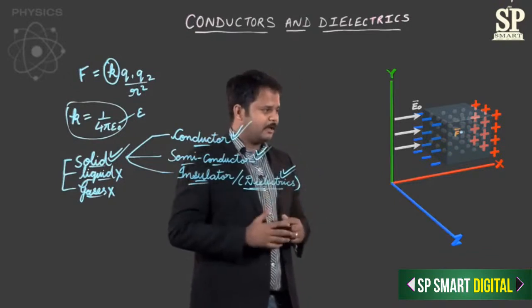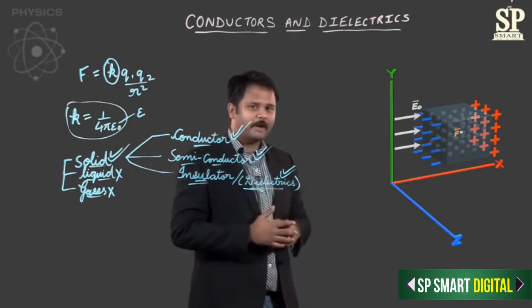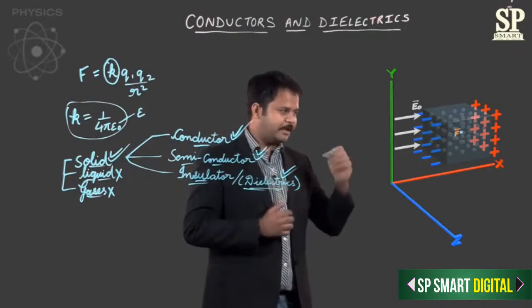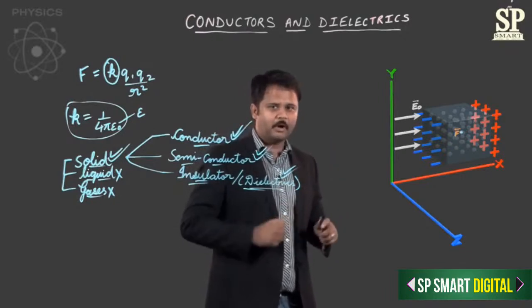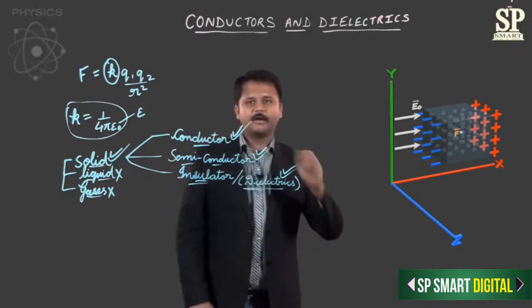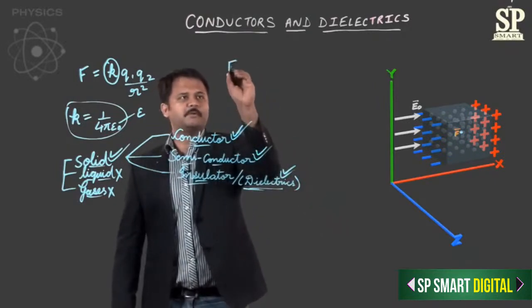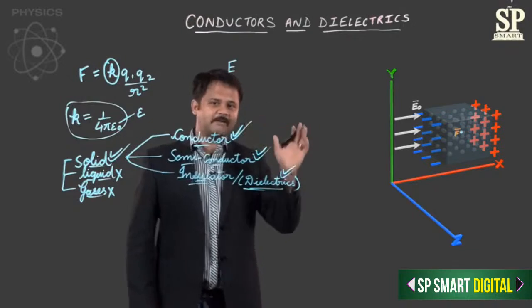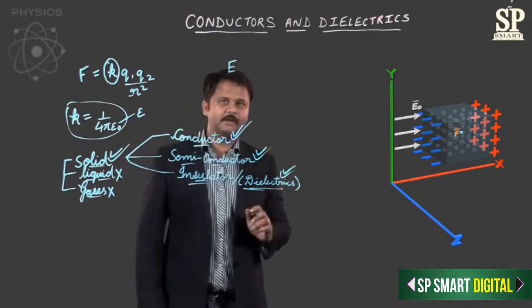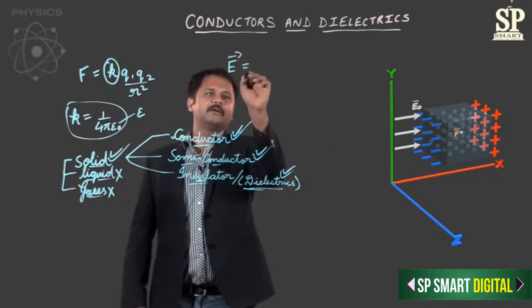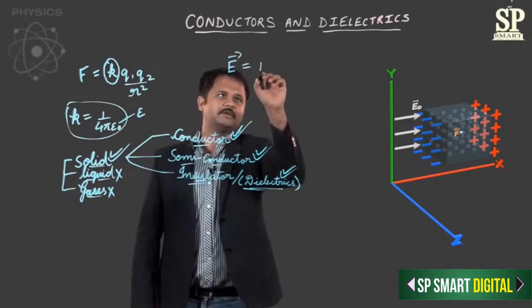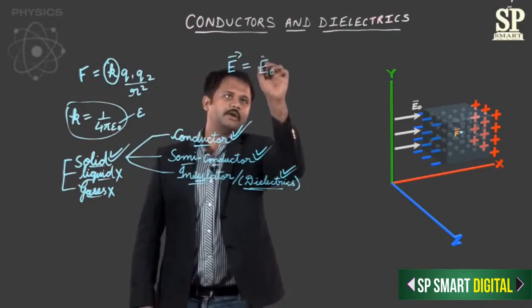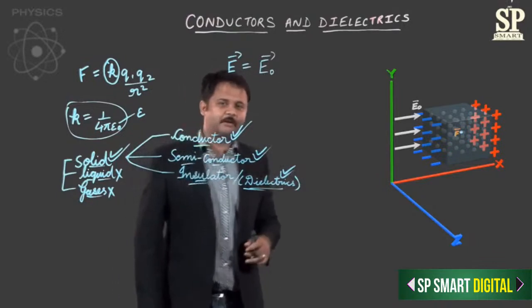If you want to find out the electric field at any particular point in this block, that electric field can be found by the superposition of two fields. Let's say the net electric field right now at this point is E, then E is a vector sum of two fields. One is E naught, the external field like here.